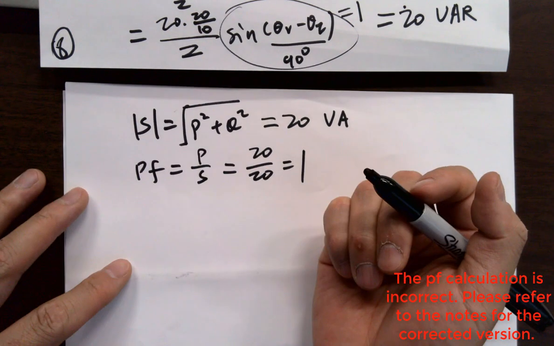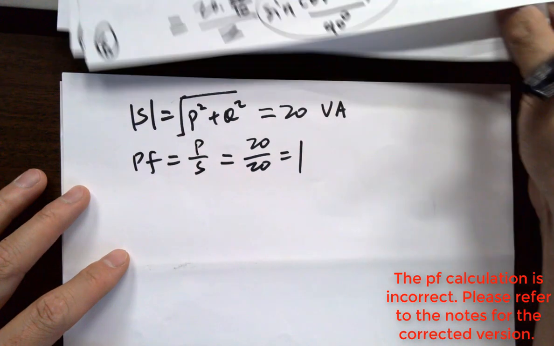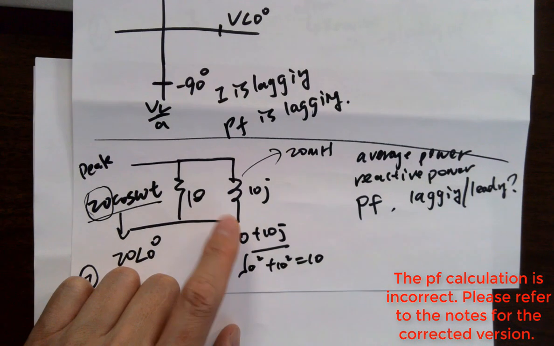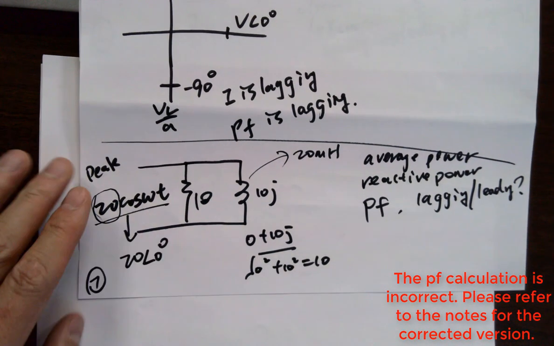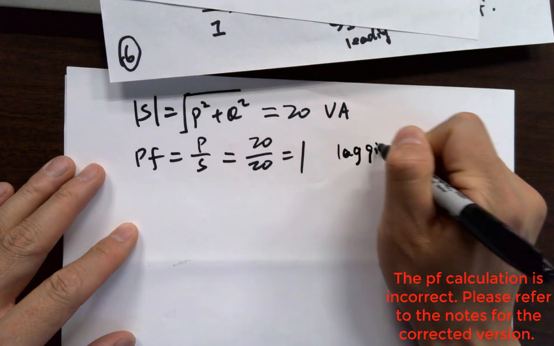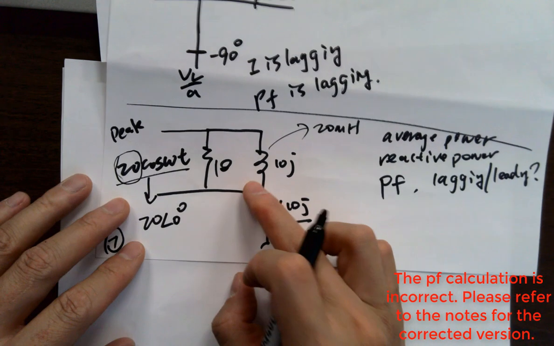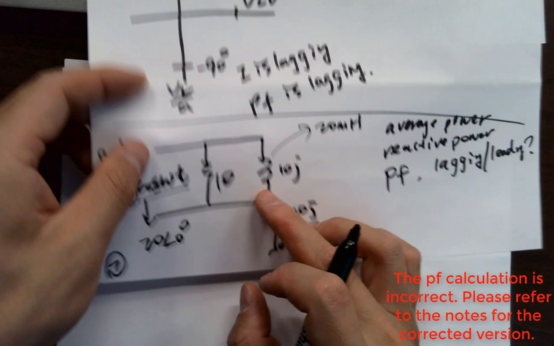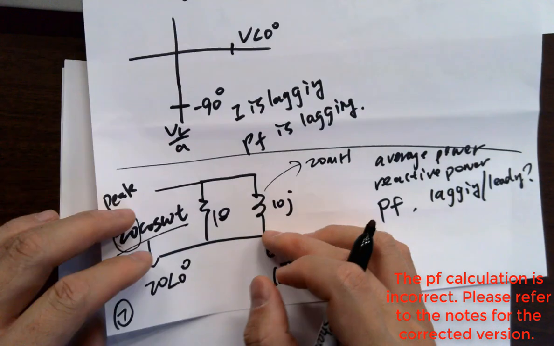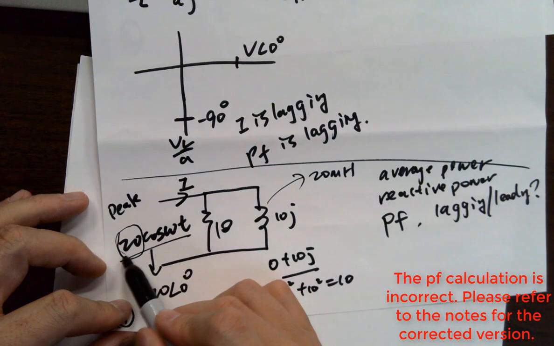And then is this leading or lagging? It's an inductive circuit, right? It's an inductive circuit, so it's definitely leading. Lagging, sorry, lagging. So it's going to be a lagging power factor. But if you want to verify it, you can also calculate the complex current and compare it with the 0 degrees of the voltage.